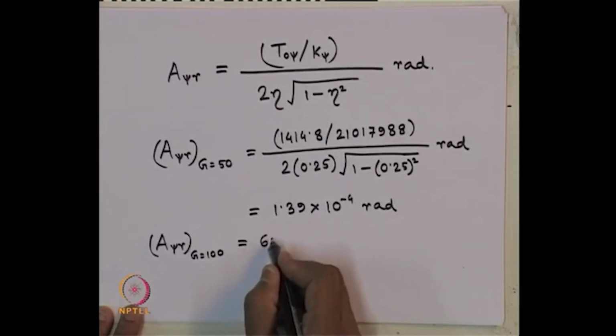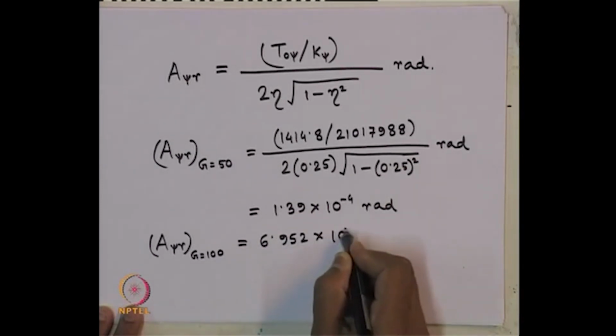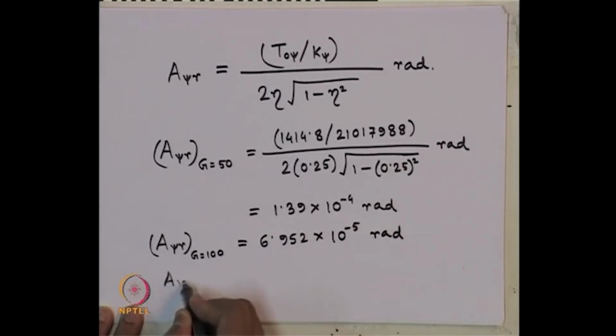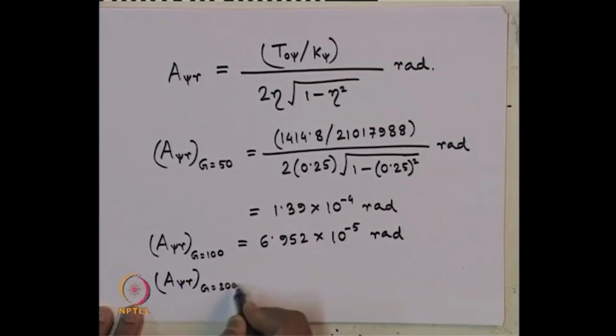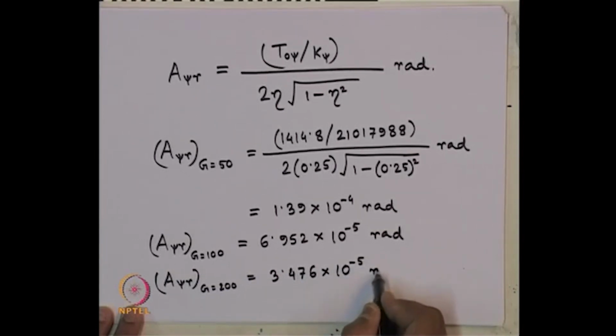So, it will be 6.952 into 10 to the power minus 5 radian, and A psi at resonance for G equals to 200 kg per centimeter square will be half of this again, 3.476 into 10 to the power minus 5 radian.